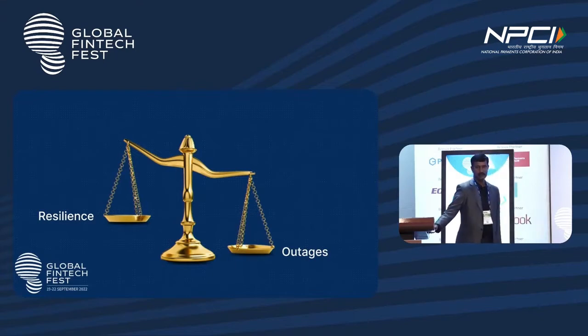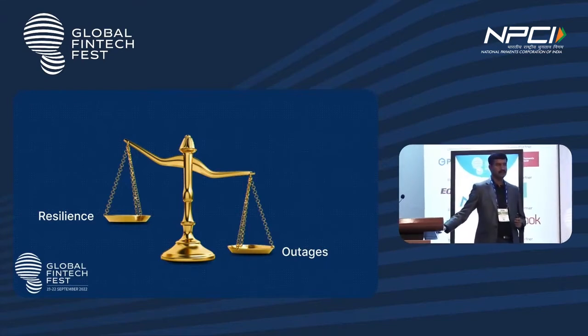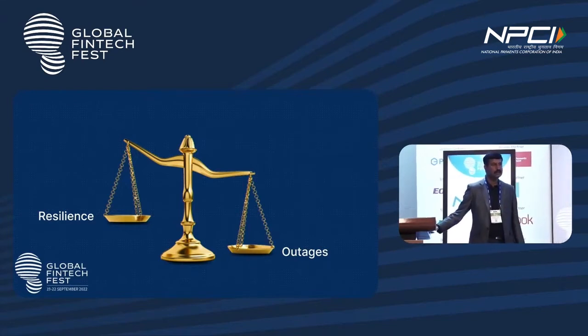It's very important to see that, because when you're building an application or managing a service, you always try to make it run all the time, but you actually never think about when an outage can happen or how fast you can recover from an outage.